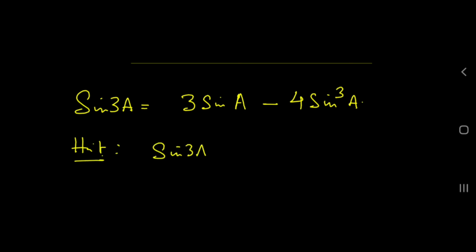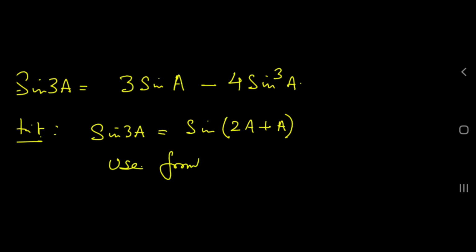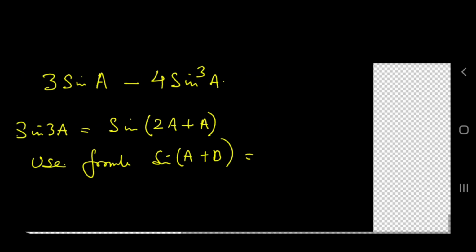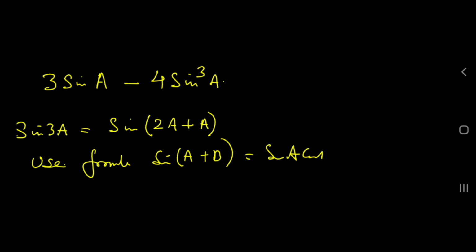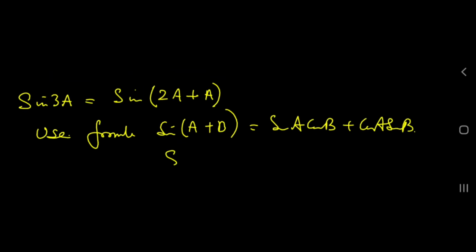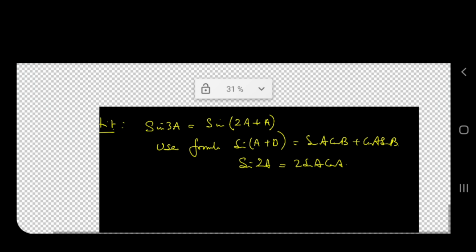Sin 3A can be written as sin 2A plus A. Okay, now use the formula sin A plus B. You know the formula, sin A cos B plus cos A sin B, and the sin 2A formula, 2 sin A cos A, and try to solve it.